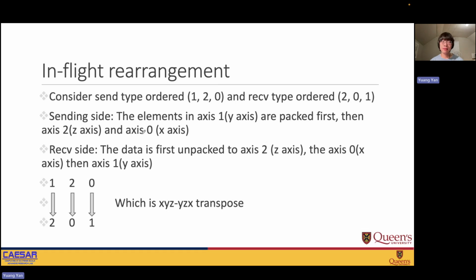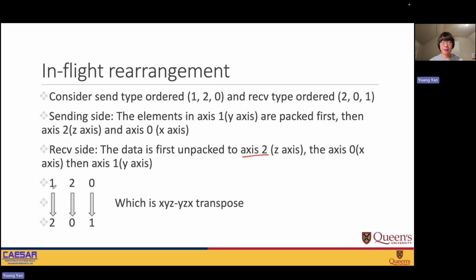And on the receiving side, the data type engine first unpacks axis 2, because we specify that into the first order. By creating this mapper, the elements in the first axis are unpacked as the last axis, and therefore we have a mapping into each other.